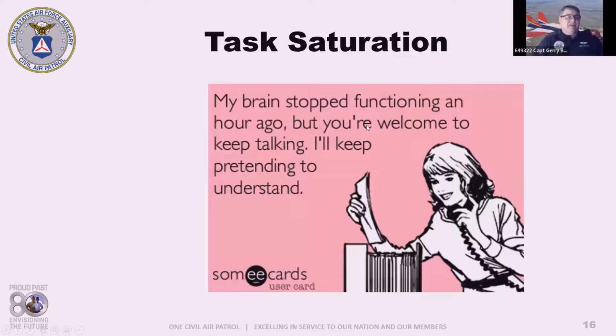Task saturation, which by now I think that's where we are with tonight. But don't worry, we're almost done. But to be safe, I want everybody to stand up. Give yourself a stretch. Shake your head. Wiggle your arms.